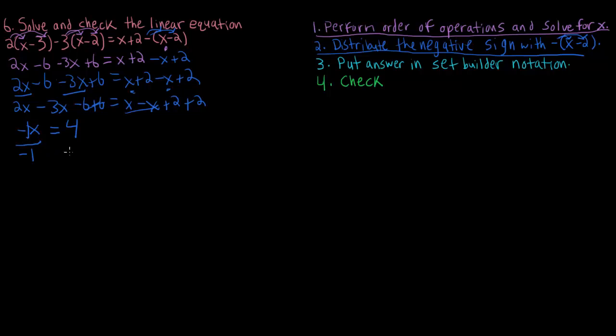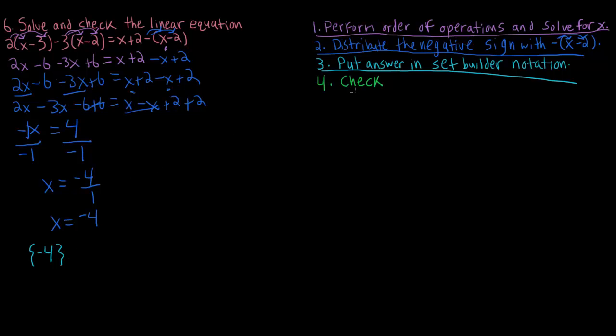Negative times negative results in a positive, and then 4 divided by negative 1, so x equals negative 4 over 1, which is just the same as x equals negative 4. And we need to put our step 3, we need to put our answer in set builder notation. So there we go, set builder notation for negative 4.